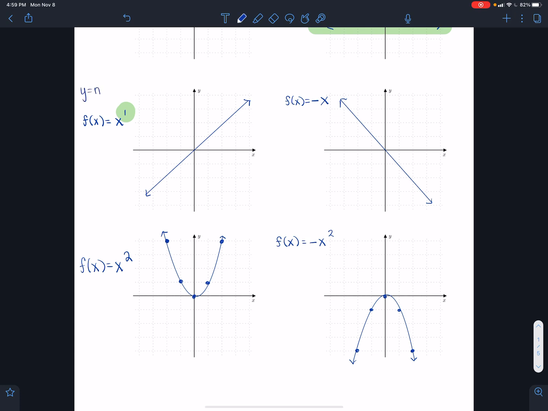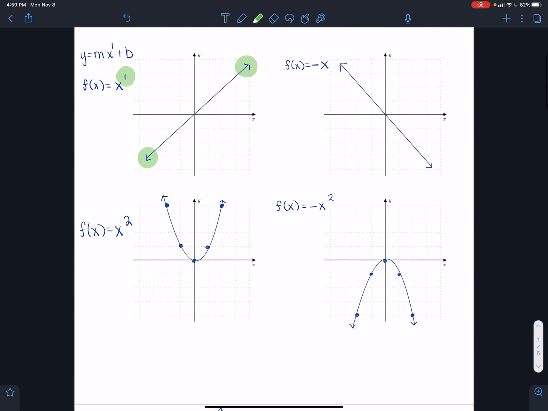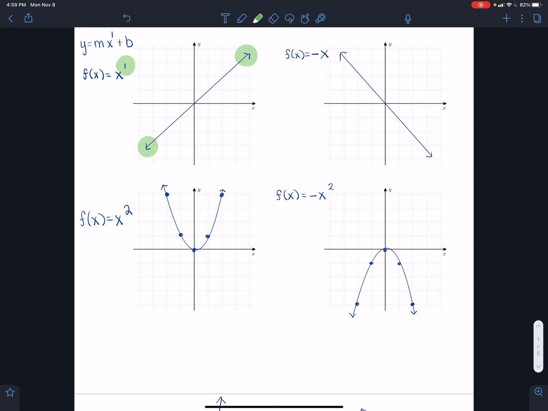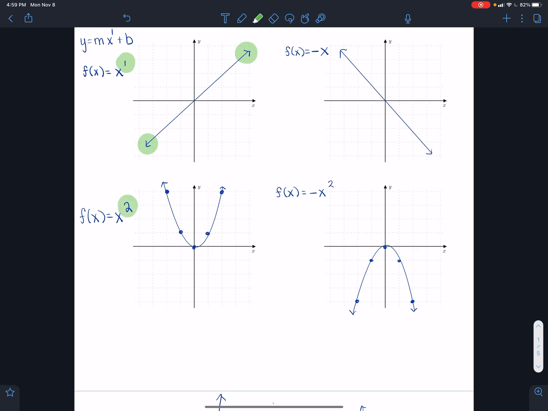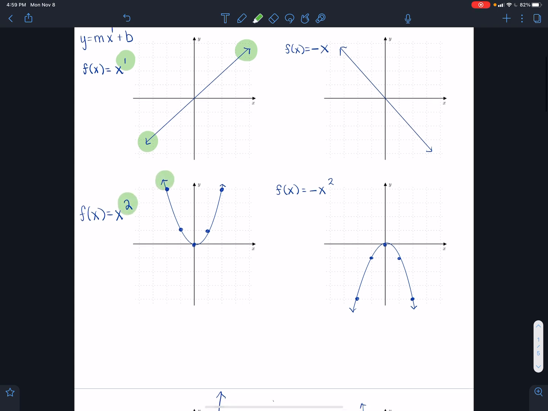If we had y equals mx plus b, that would be linear, and our exponent is 1. So when we have a degree of 1, both ends of the graph will point opposite directions. Okay. When we have an exponent with a positive degree, so here's 2, then both ends of the graph will point in the same direction.